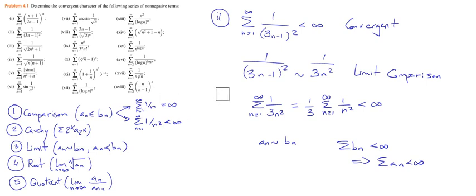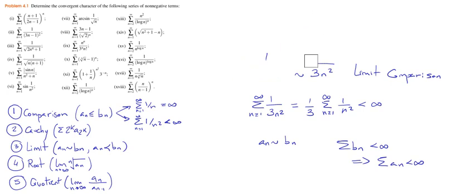I don't think the quotient test would lead to anything useful here. So these two, the comparison test and the limit comparison test, are very useful in this case. Now let's see.